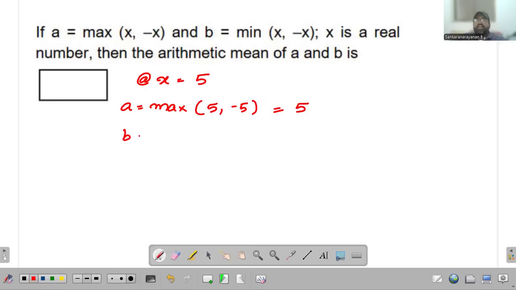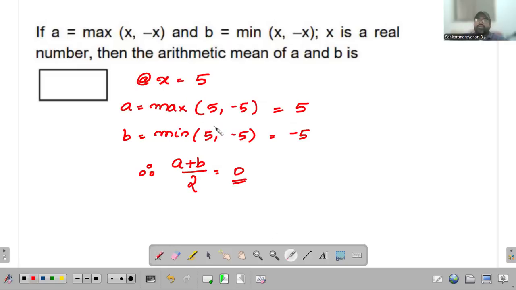And B is the minimum among 5 and minus 5, which is minus 5. Therefore, the arithmetic mean of A and B, that is A plus B by 2, comes as 0 in this case. This is the case when x is a positive number, 5.